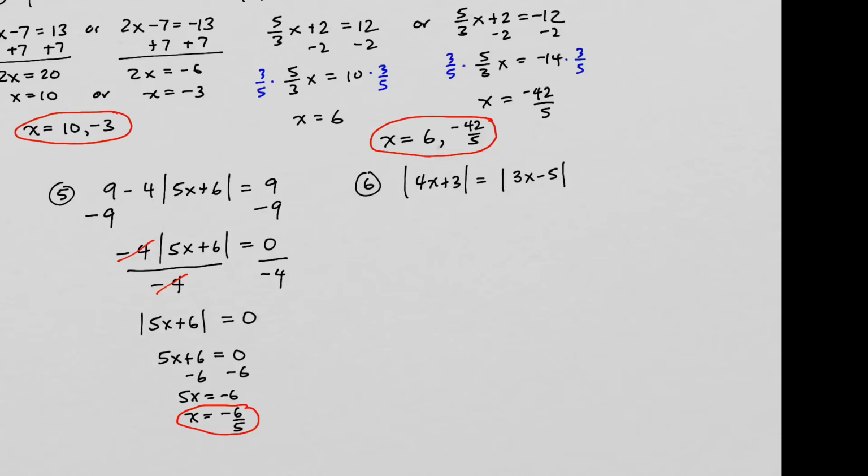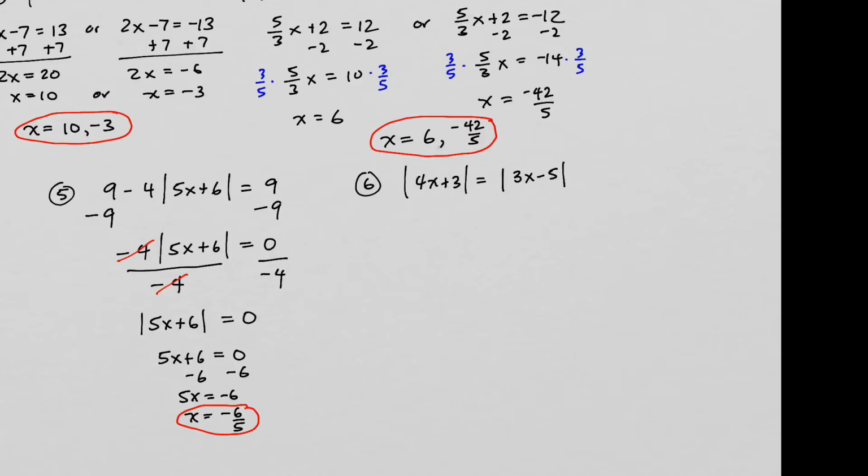Okay, and now our last problem is even more special because we have an absolute value on both sides of the equation. To solve this one possible solution is that whatever number inside of here equals the number inside of here, because if two numbers are equal, they will have the same absolute value.